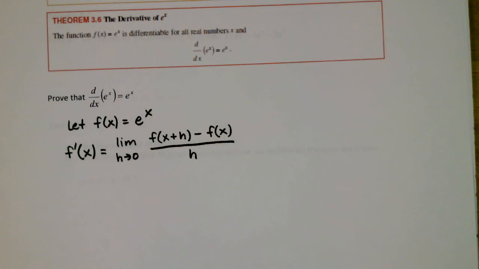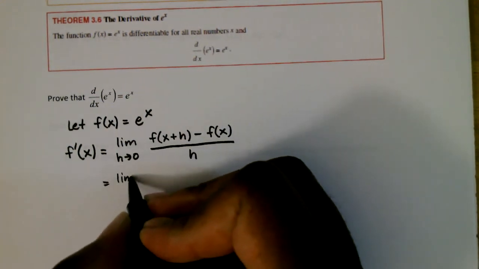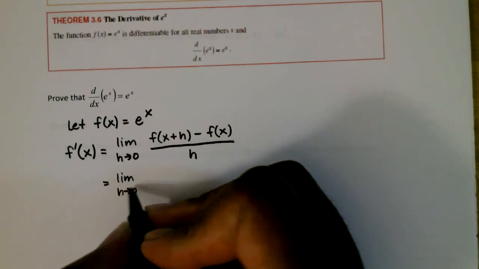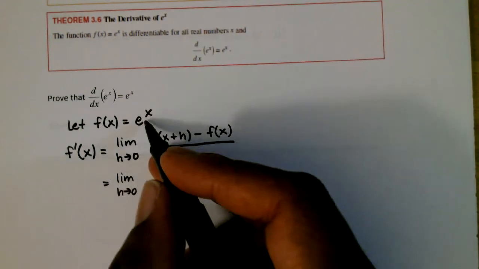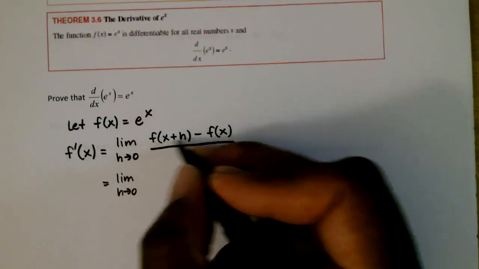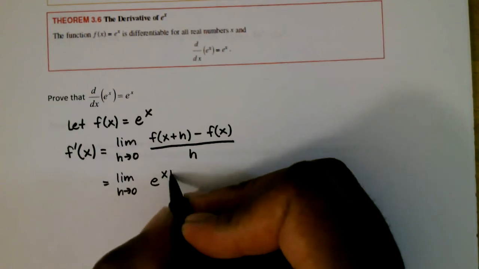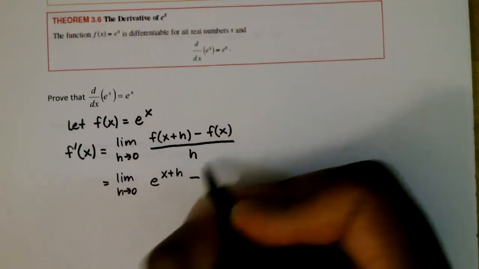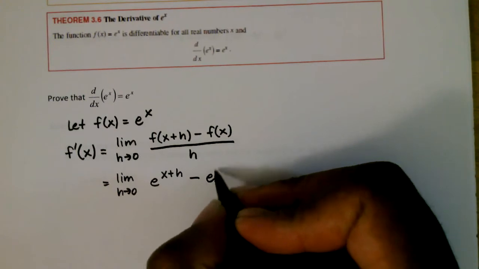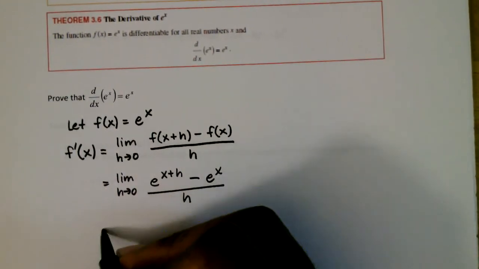That's what we will use here. Now I'm going to bring down the limit as h approaches 0. And here, this is e to the x, so the x will be replaced with x plus h. So this will be e to the x plus h minus f of x, which is e to the x. All that would be divided by h.